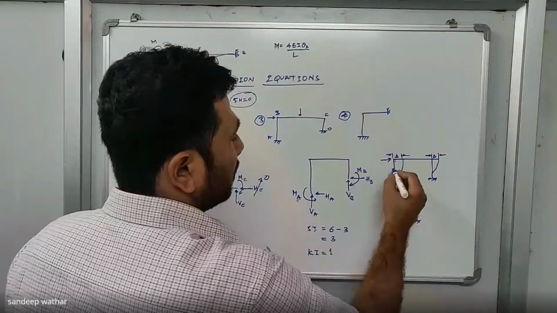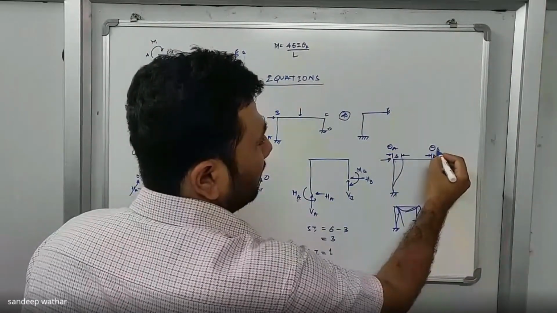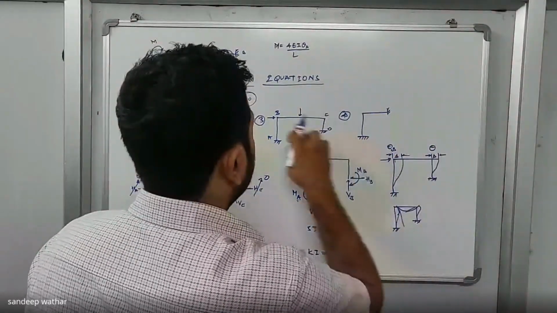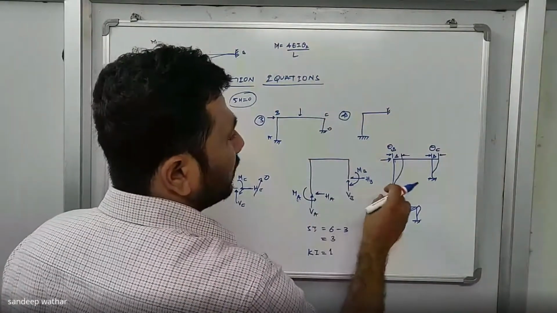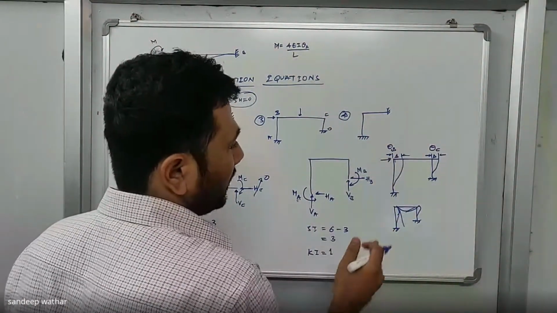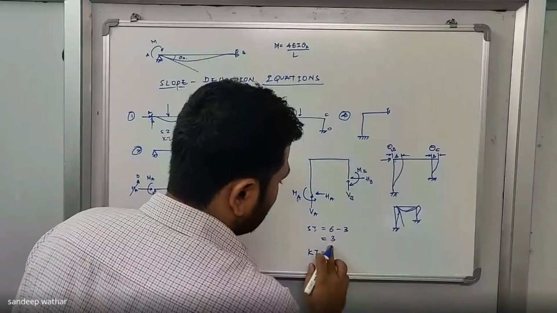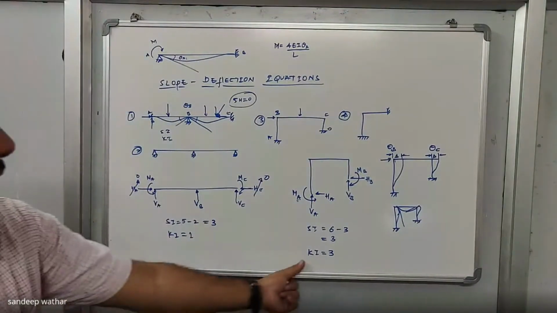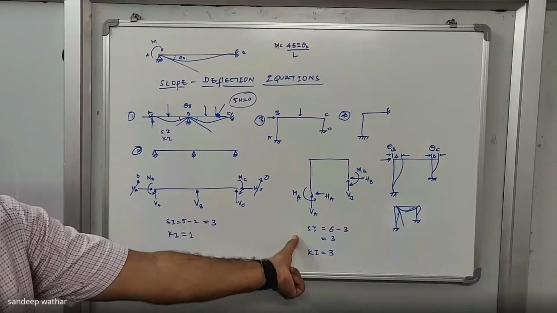So we have delta, then theta B, which is the slope at joint B, and theta C, the slope at C. So the total kinematic indeterminacy in this case will be theta B plus theta C plus delta, which equals 3. So total kinematic indeterminacy is 3, and total static indeterminacy is 3. I hope this is very clear.